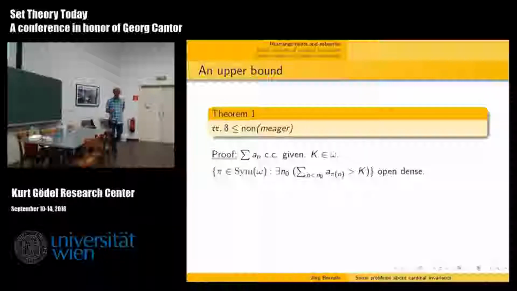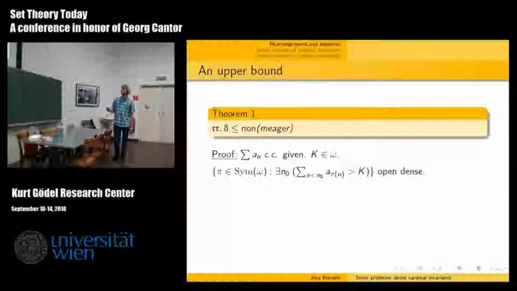This is an open dense set. Now, of course, I should say what the topological space here is. Simply, the topology inherits from omega to the omega. So basically, on omega, you have the discrete topology, and then you have the product topology.